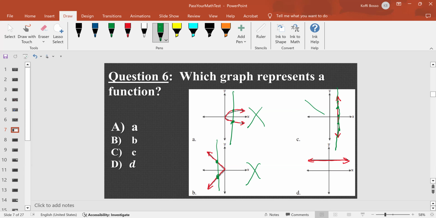Again, it's not a function. Only D is a function because any vertical line you draw will cross the red horizontal line at only 1 point. Therefore, the correct choice here is D.